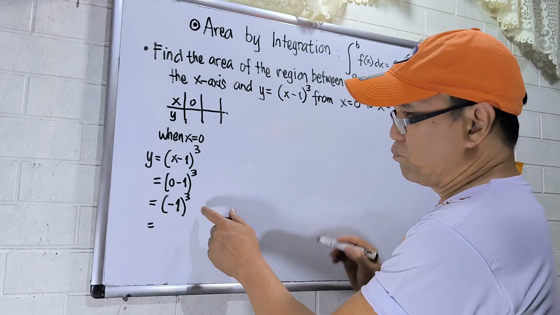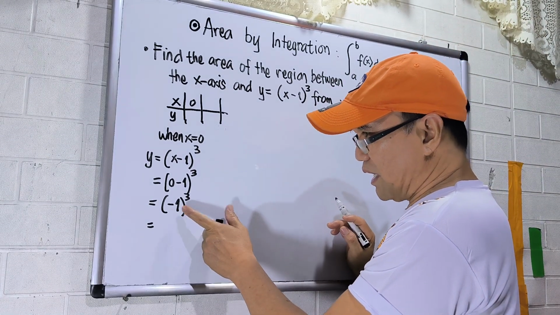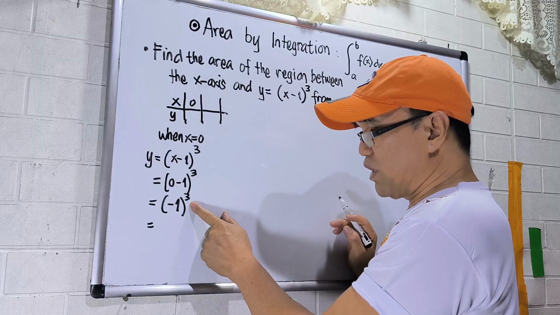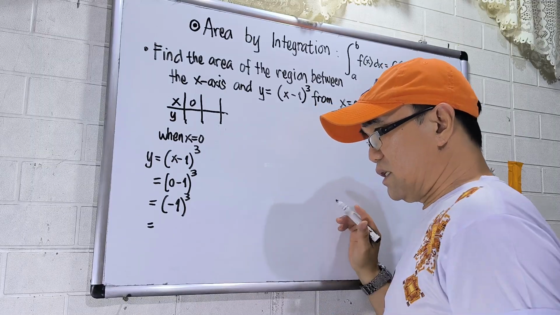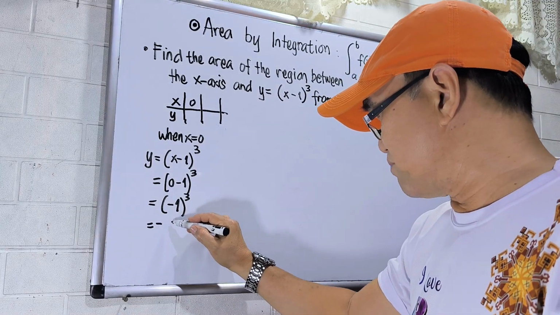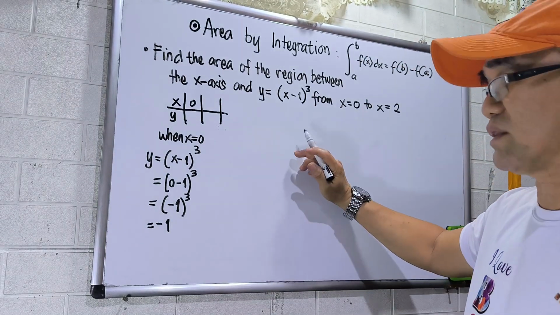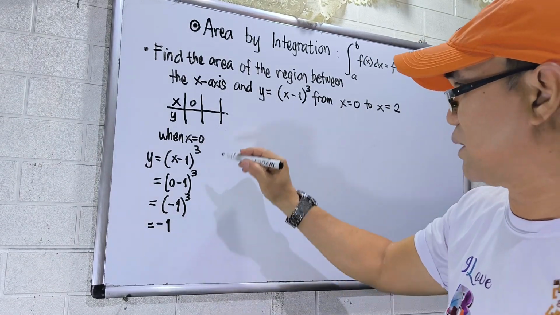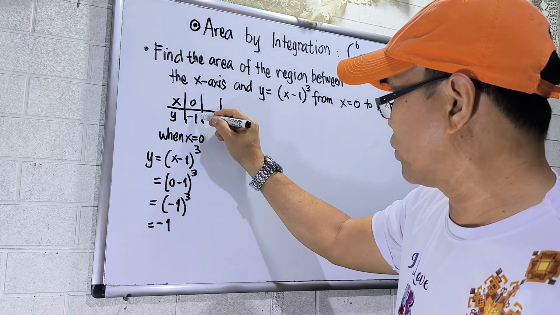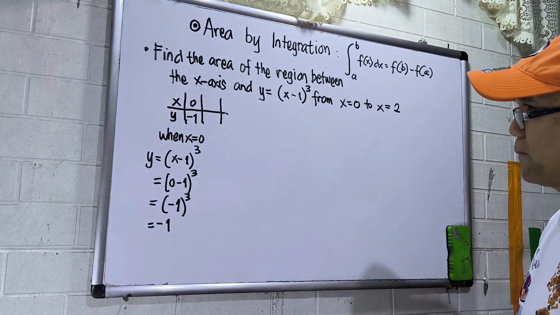So we know that the negative is inside the brackets and the exponent is odd, so the sign must be negative. 1 to the third power is 1 times 1 times 1, that's still 1. So that will be negative 1. So my value for y is negative 1.